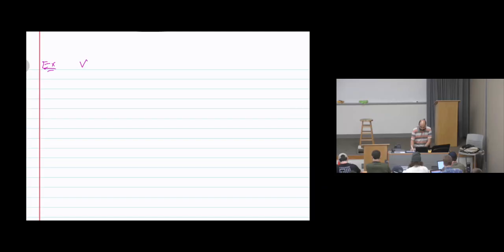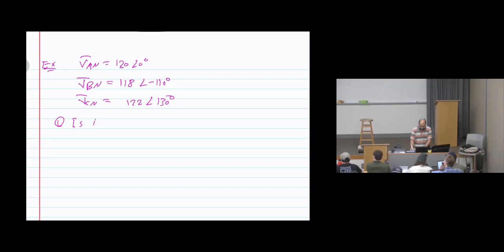We have VAN given as 120 angle 0 degrees. VBN equals 118 angle negative 110 degrees. VCN equals 122 angle 130 degrees. Okay? So the first thing, is it balanced?